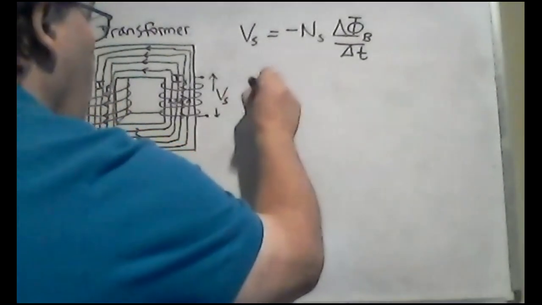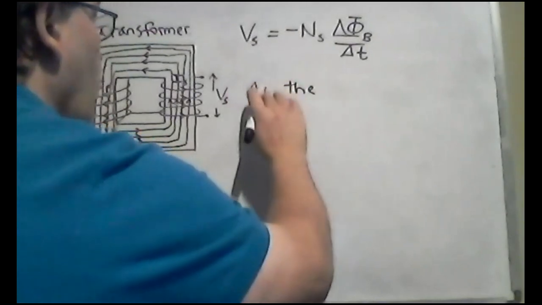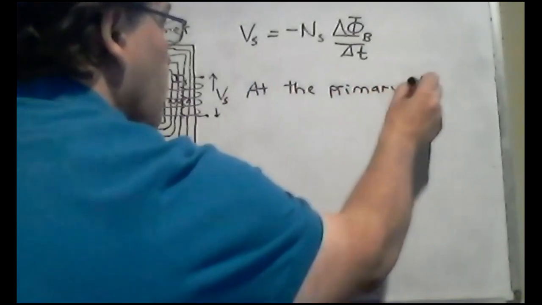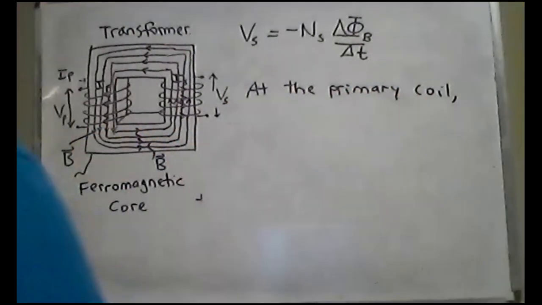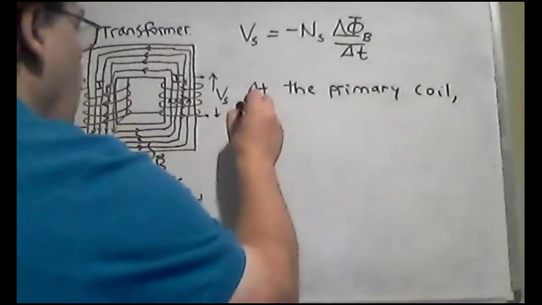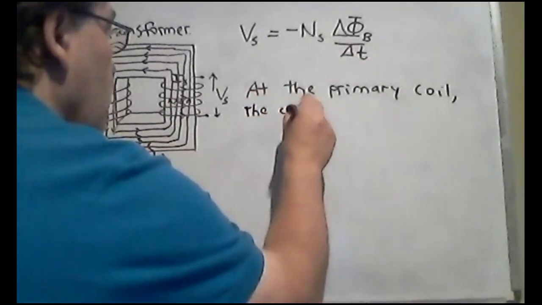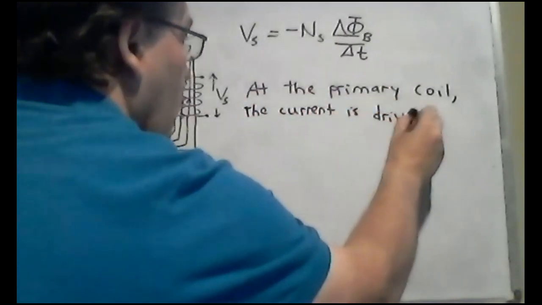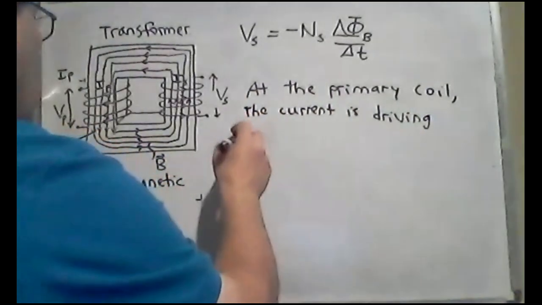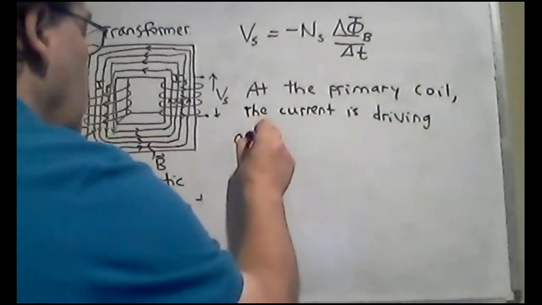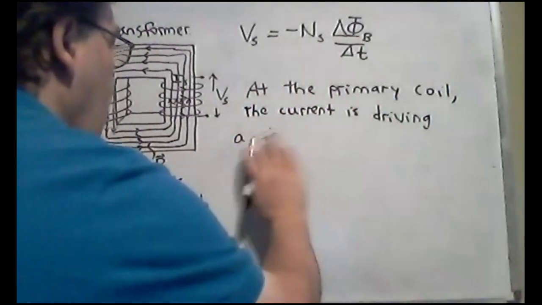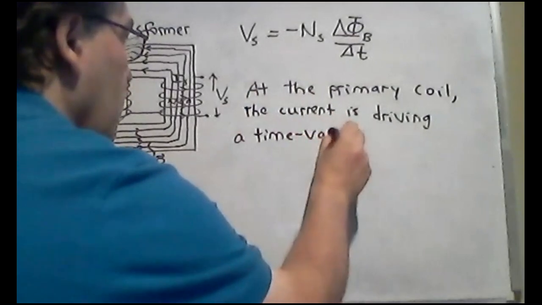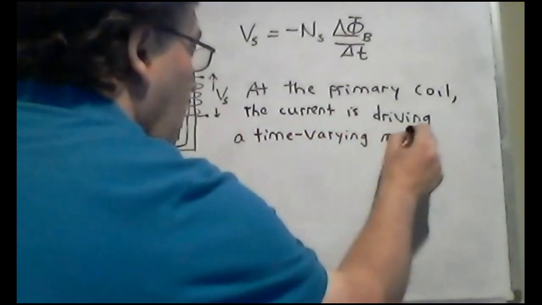At the primary coil, the current is driving a time varying magnetic flux.